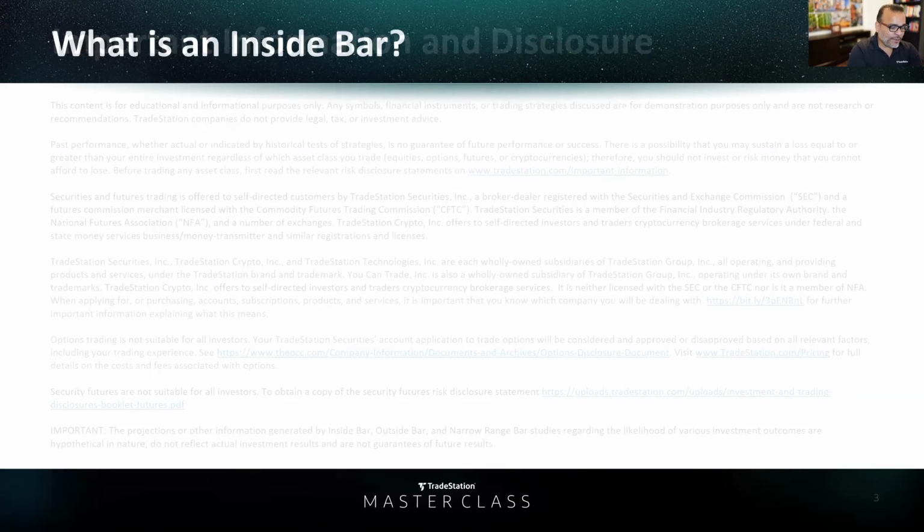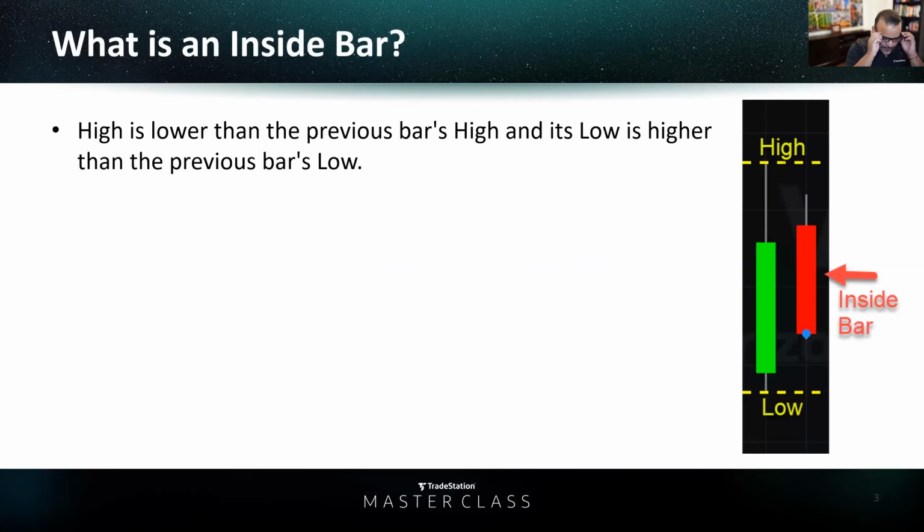First of all, let's talk about inside bar. As I said before, these studies already exist on the TradeStation platform. So first of all, we are going to talk about what they are, how they're calculated, and then we'll shift over to the TradeStation platform to find them.